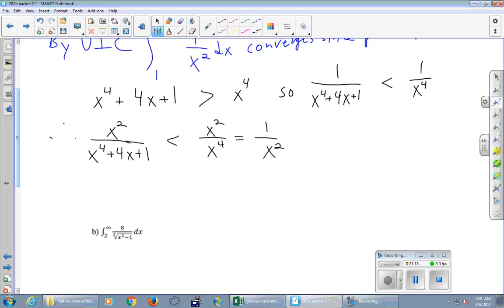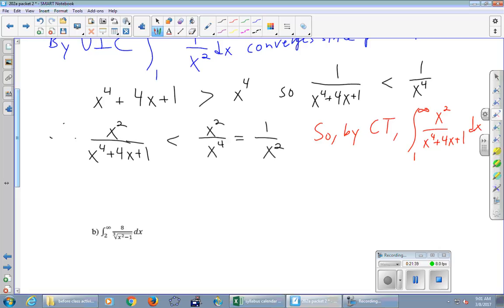Okay, so by the comparison test, what can we say about the integral of x squared over x to the 4 plus 4x plus 1 from 1 to infinity? Converges or diverges? Converges. It also converges.